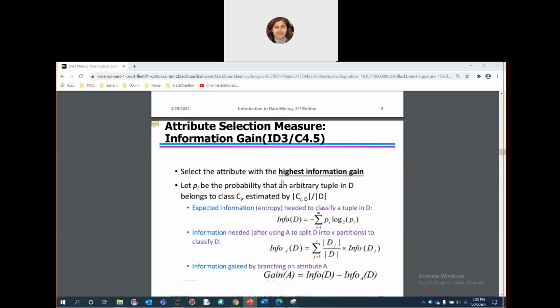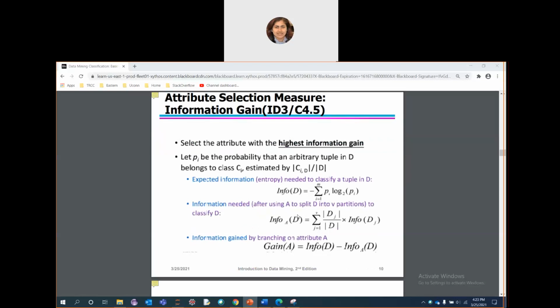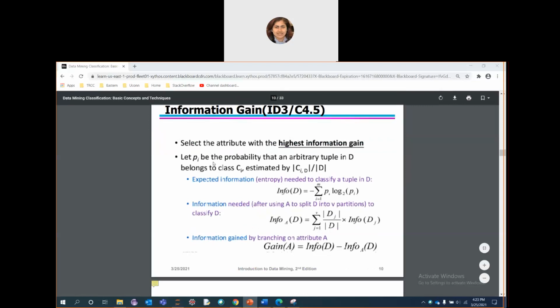There are different measures which are used while constructing the decision tree for selecting attributes effectively. So what are those criteria? Let's look into those. Here, in a data set, you have an arbitrary tuple or a record or a row.